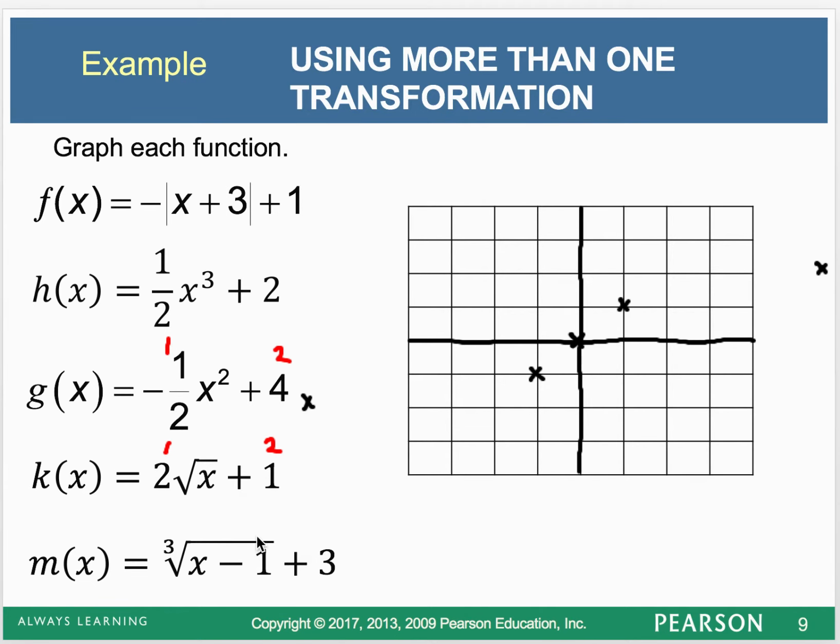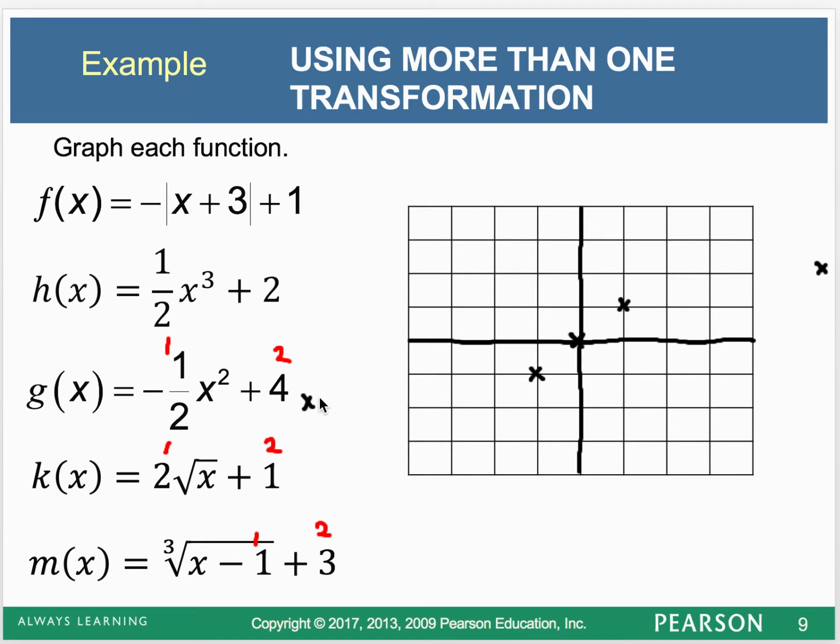And then for this first one, there's nothing over here, so all we have to do is move every one of these points. Don't forget, if it's inside with the x, it's going to do the opposite. So move every one of these points right 1 and up 3.